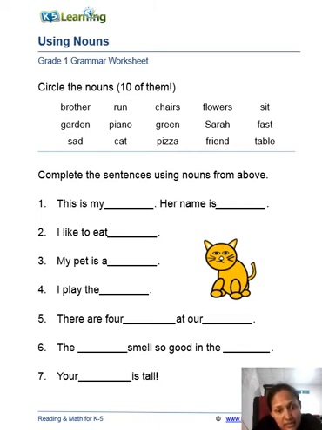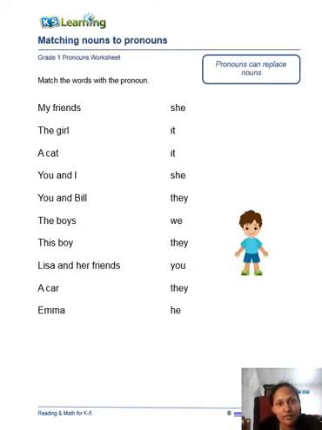The flowers smell so good in the garden. And number 7, something about tall. How can we say it? Your brother is tall, right? Your brother is tall. So that is how we do this page. Then we move on to the next one.